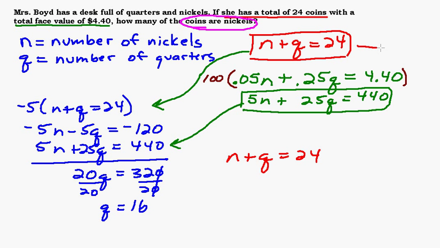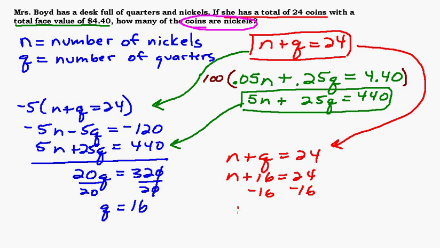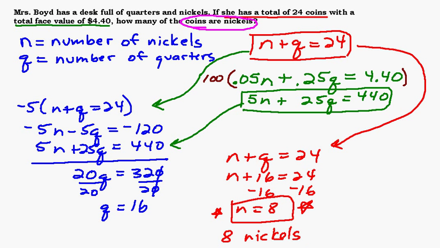Remember that from up here? The number of coins I have is 24. So if 16 of them are quarters, then that's going to leave 8 to be nickels. So 8 nickels. I guess I should write: how many are nickels? 8 nickels. Label my answer. And there you have it.